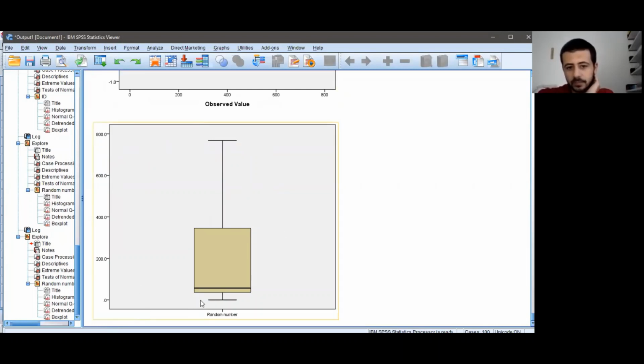Look at this. This is how skewed it is. Now we have one sample that is not skewed with a lot of kurtosis, and this one doesn't have kurtosis, but it has a lot of skewness.